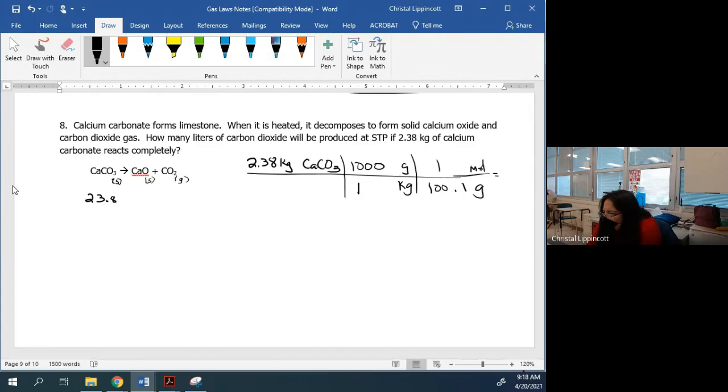All right, was this guy balanced? He was. So that means they're asking about carbon dioxide, so I'm going to have the same number of moles of carbon dioxide produced, right?